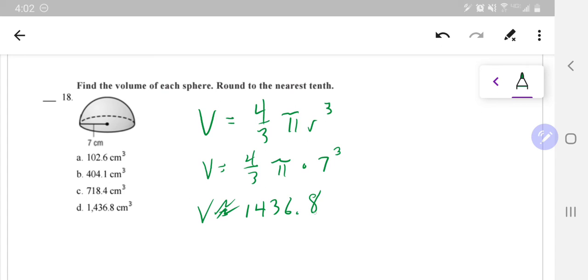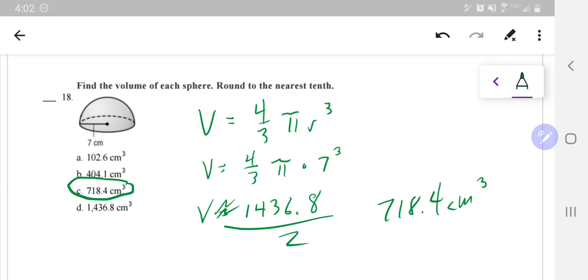And then we're going to take that answer and divide it by 2, because we only have half of that sphere, and that comes to 718.4 centimeters cubed.